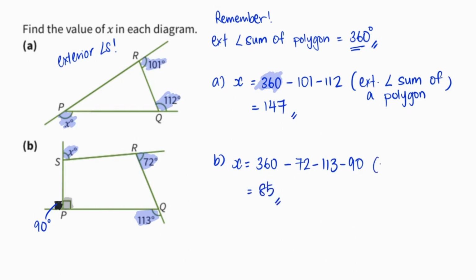So I write down the reason why this 360 comes up. Do remember that the exterior angles of all polygons always sum up to 360 degrees. And we can make use of that property to solve problems like this.